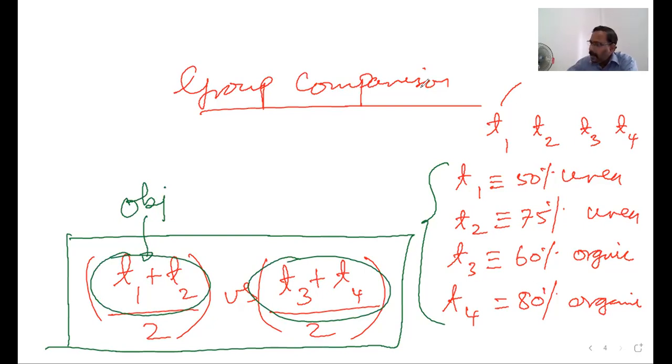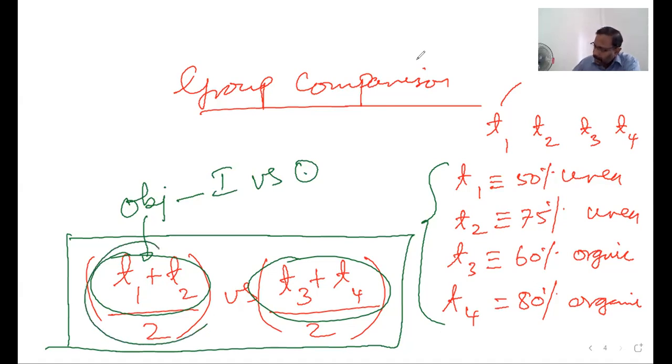Nowadays, it is a critical topic. Then urea and organic. What is urea? Inorganic fertilizer. Now my objective is I want to compare inorganic versus organic. In my experiment, I want to compare inorganic versus organic.